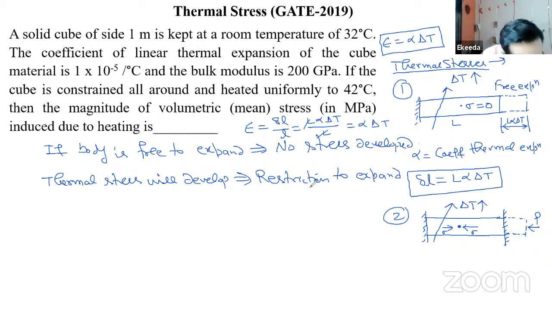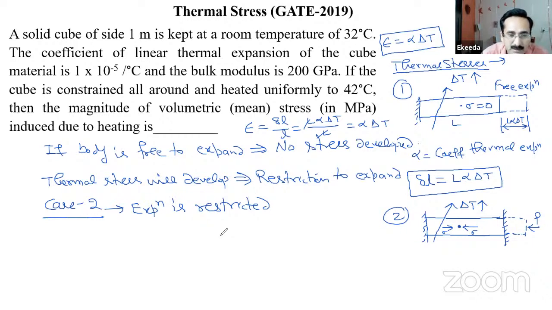Now, if the strain was alpha delta T in the first case, in the second case there is no strain. In case 2, expansion is restricted.